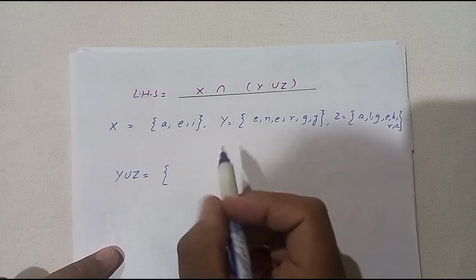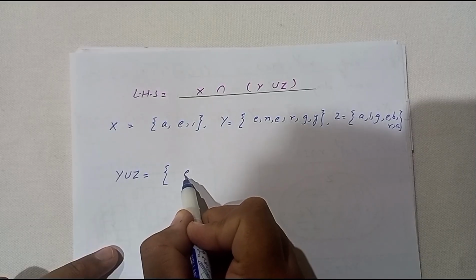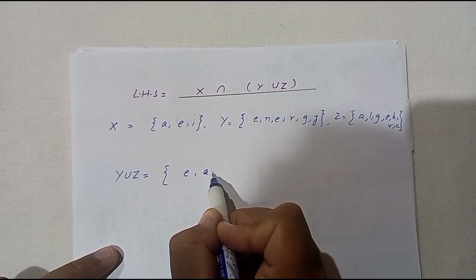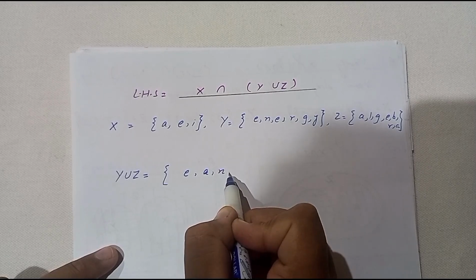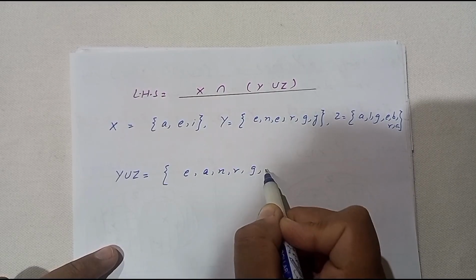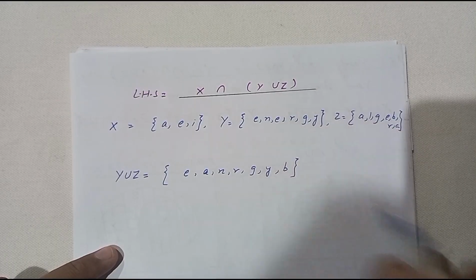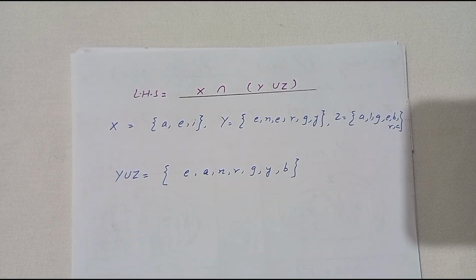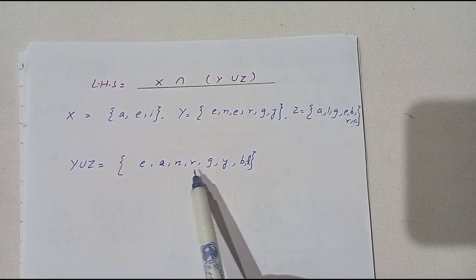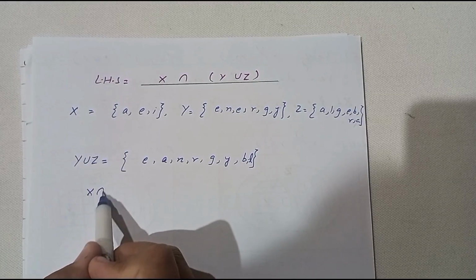So write the first element, that is E, A, N, R, G, Y, B and L. So Y union Z is equal to E, A, N, R, G, Y, B, L. Eight elements are included in Y union Z.